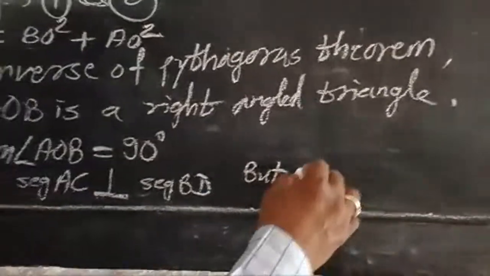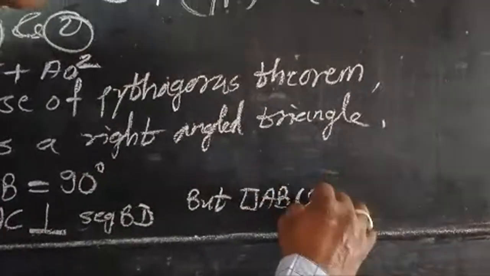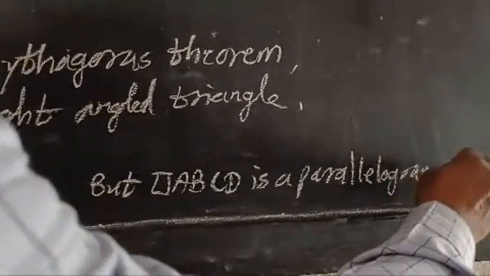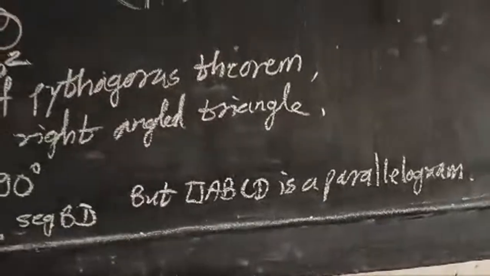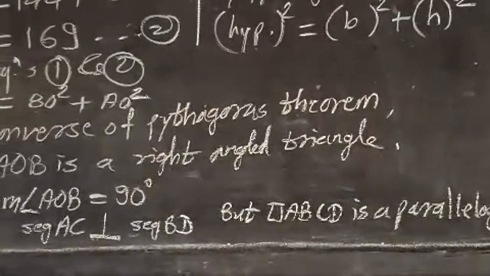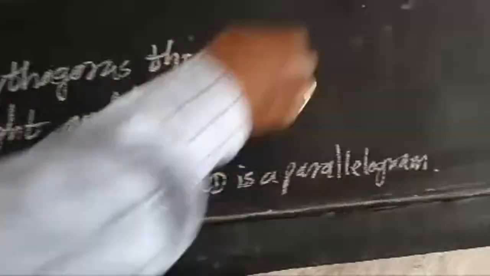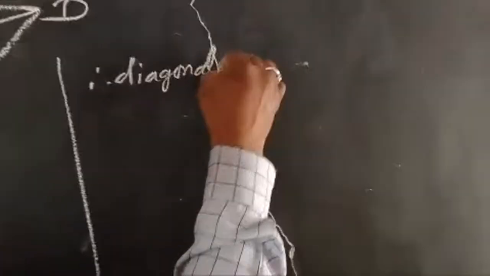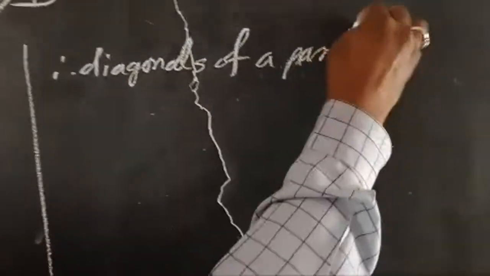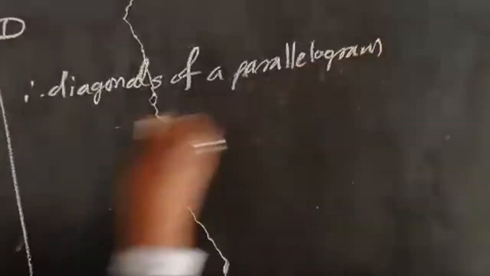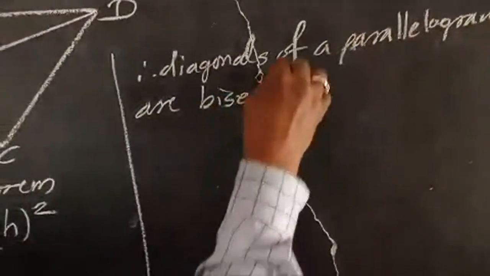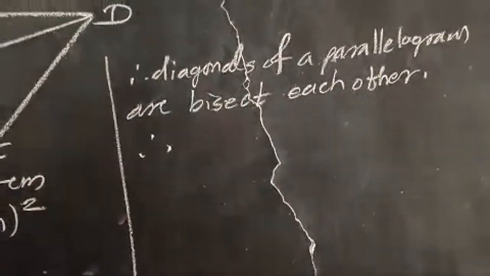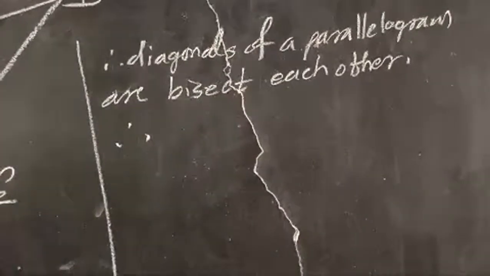But quadrilateral ABCD is a parallelogram, and diagonals of a parallelogram bisect each other. Which diagonals bisect each other?